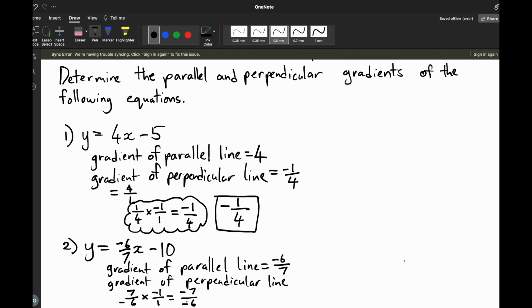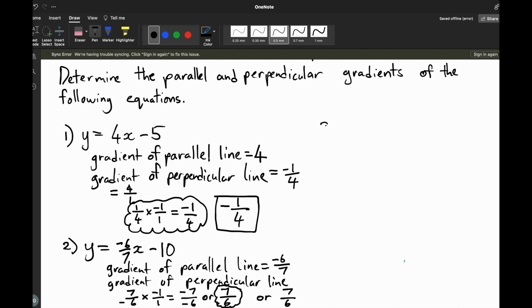A negative divided by a negative is a positive, so that's going to be 7 over 6. Likewise, all we needed to do was flip this and then change the sign. Right now it's a negative number, so once I flip this, it's going to be a positive number. So our answer would be 7 over 6.